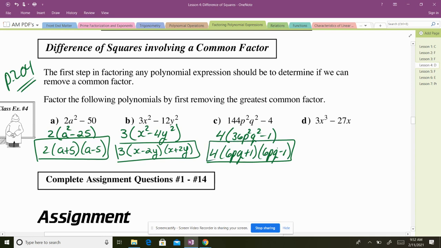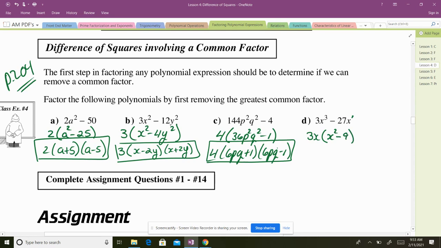What about this one? D. Common factor. 3. Anything else? The x, right? Remember, there's an x in both, so you take the lowest exponent one. So 3x comes out. What am I left with on the inside if I take out a 3x? x squared and minus 9.